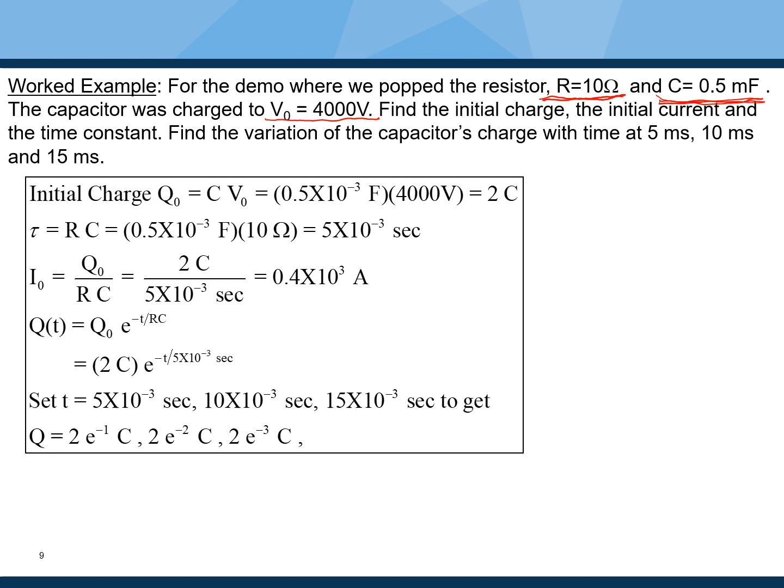And this shows you the perils of discharging a capacitor through a very tiny resistor or no resistor at all. In other words, what happened in that demo that I showed you in class was that you fried the resistor, basically because you generated such a large current in the circuit that R times I squared produced a lot of heat in the resistor, and that caused the resistor to explode.